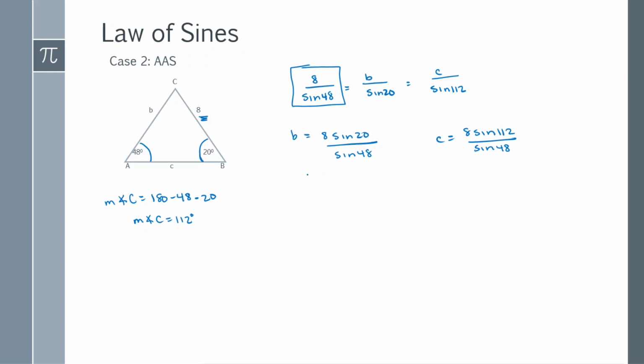And we find that side B is 3.68 and side C is 9.98. So what we've discovered is if I know all three angles and a single side, any side, law of sines is going to work. Okay?